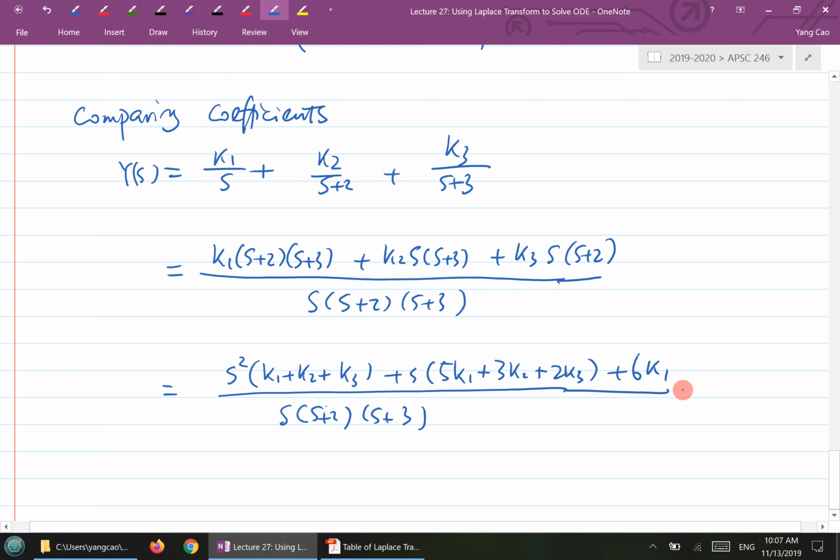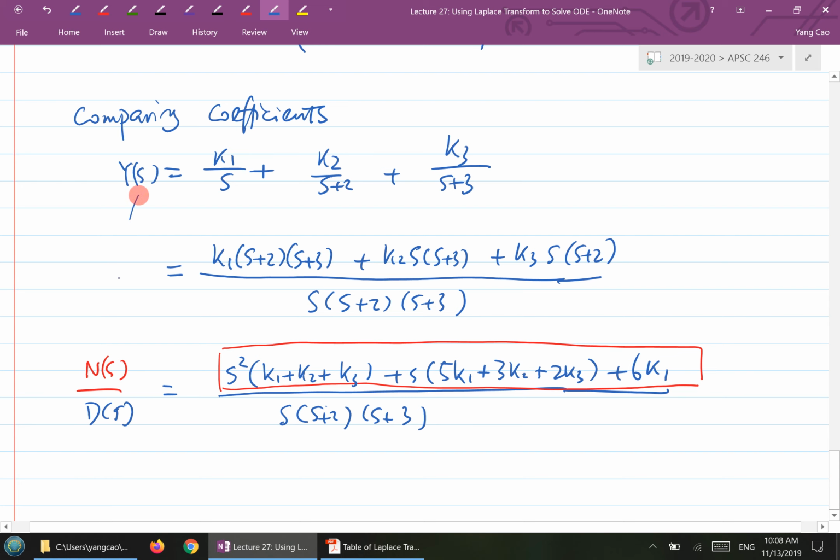So what am I comparing? The numerator here should be the same as the numerator from the original Y of s.